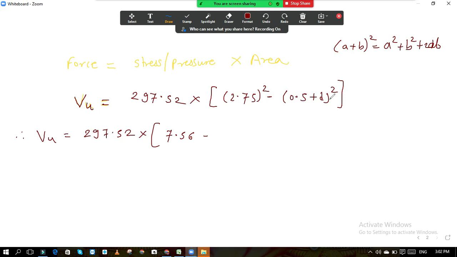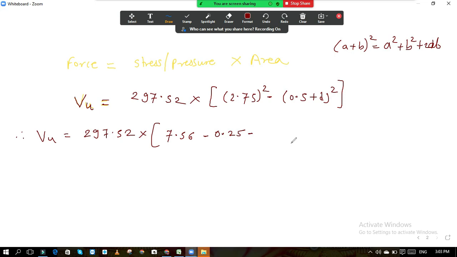Okay, so 0.5 plus d, you will have to solve it like this. Here the minus sign is there. So 0.5 square, that is 0.25, it is minus because there is a minus sign outside the bracket, so the signs inside reverse. Then 2ab, so again minus 2ab means 2 into 0.5 into d.